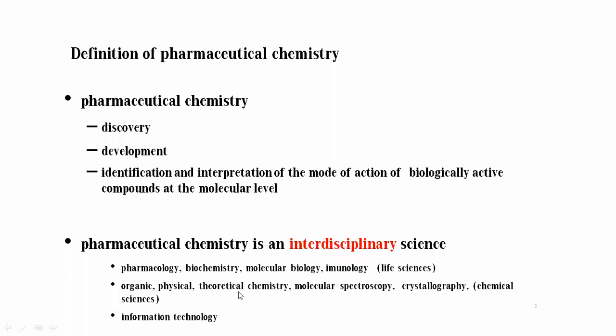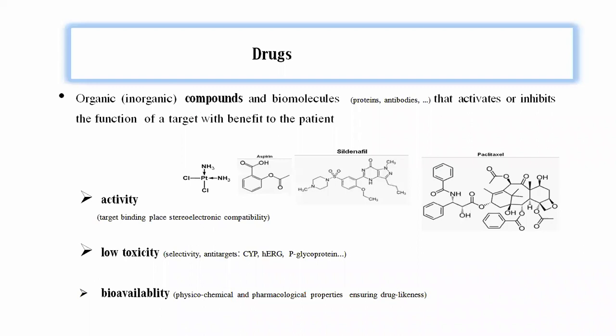Everything is combined in terms of information technology. So there is involvement of these many terminologies and processes with the lead compound, that is, the medicinal compounds which we are going to discuss in this subject.